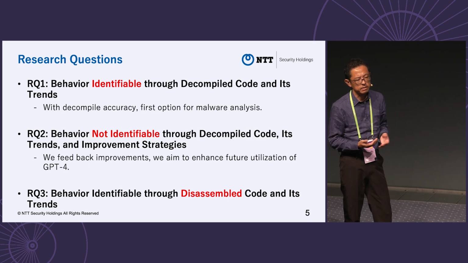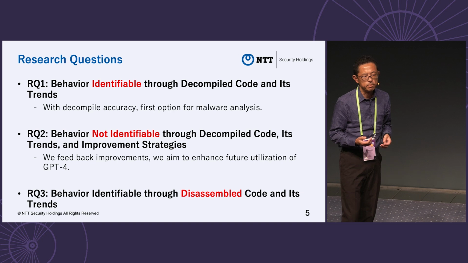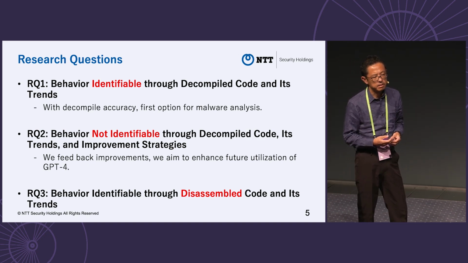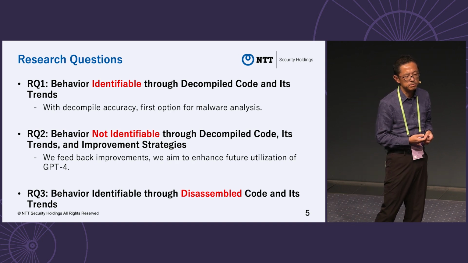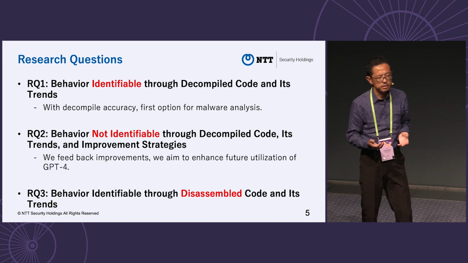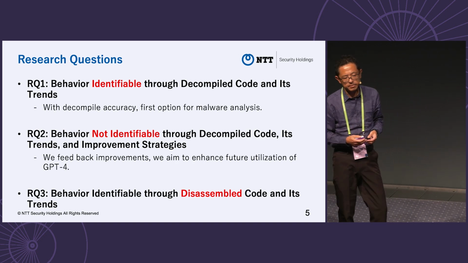So RQ1 is important. And RQ2 is behavior not identifiable through the decompiled code, its trend, and improvement strategies. With feedback for improvement, we aim to enhance future utilization of GPT-4. And the last one is RQ3, behavior identified even through disassembled code and its trend.